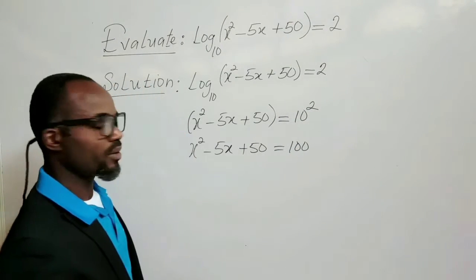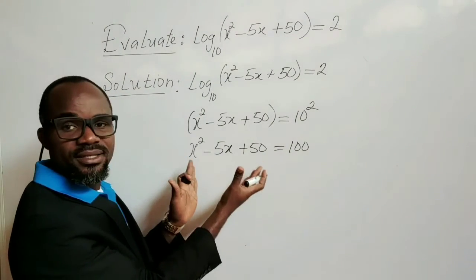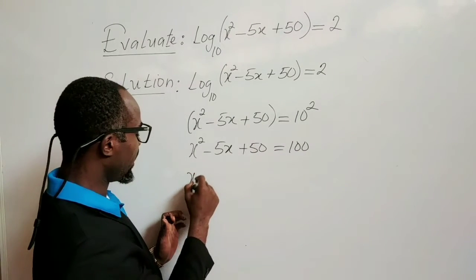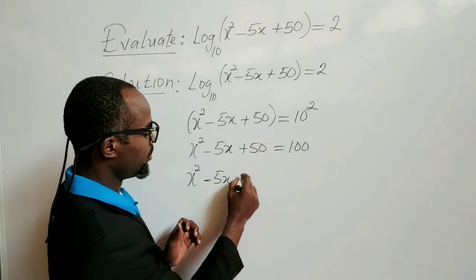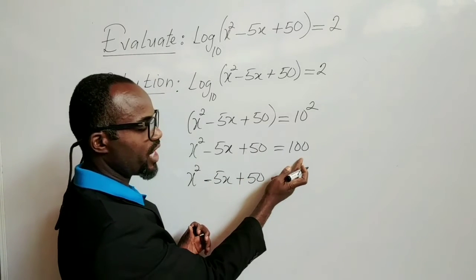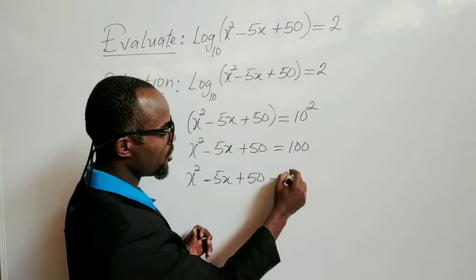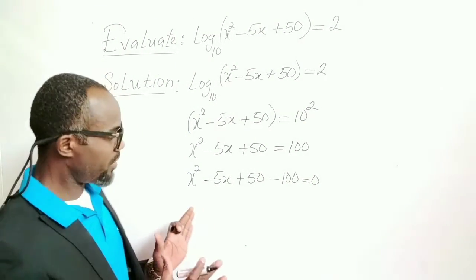So we need to make this expression become an equation by bringing in the 100. It becomes x squared minus 5x plus 50 minus 100 all equal to 0. We are making progress.